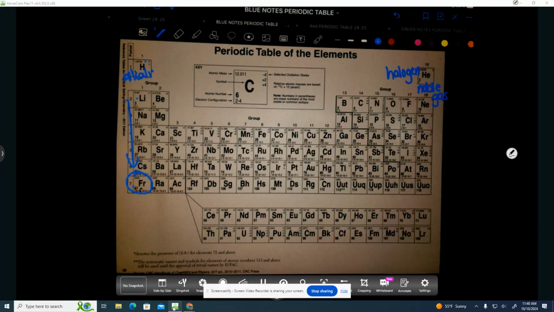What makes it react? It loses its electron. And it loses it pretty quickly. But as I go down this group, the electron's getting further and further away. Doesn't it lose its electron more quickly? It loses it more quickly, and therefore the reaction happens, boom, so much faster.